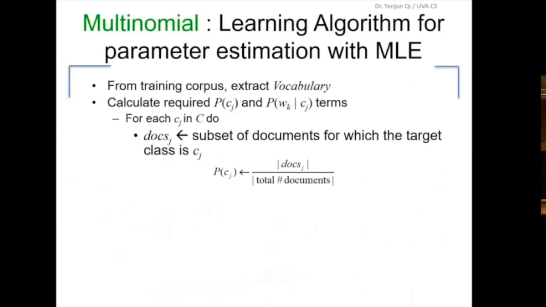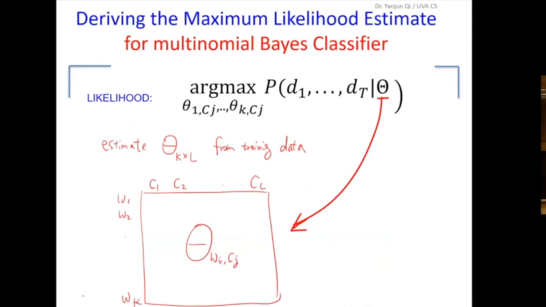Okay, let's go back to this algorithm. How would you implement it to get this matrix? It's actually super fast. You only need to go once. One pass of all the training data, and you can get this. For each class, you know the class label, right?